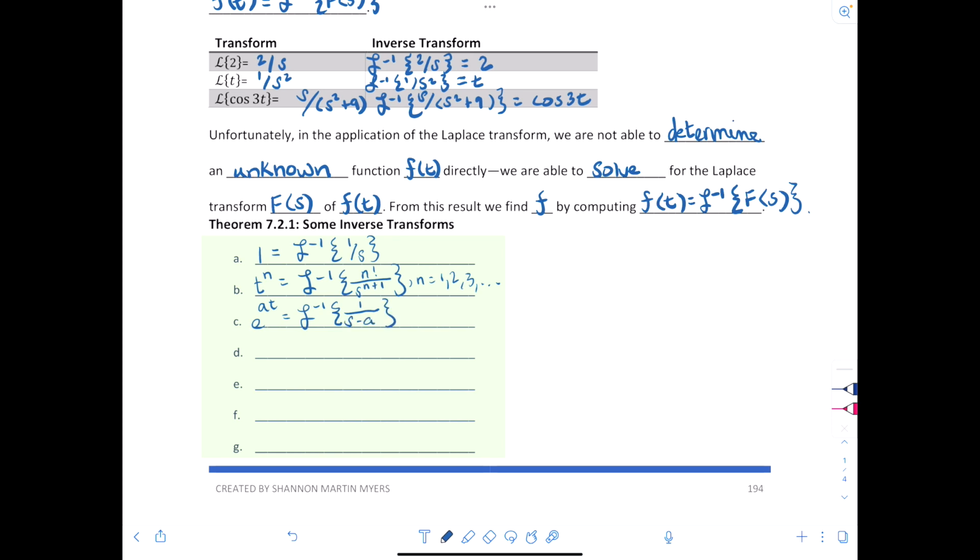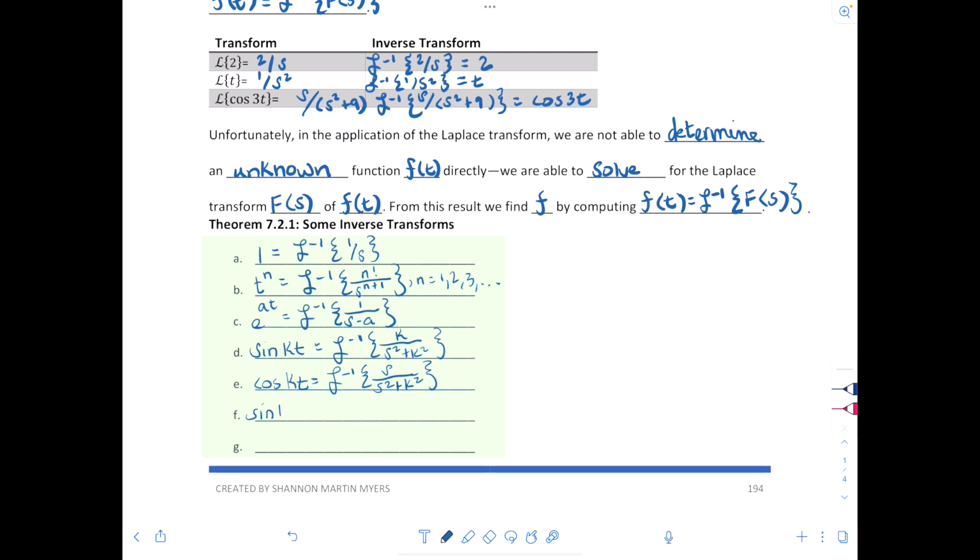Sine at kt would be the inverse Laplace transform of k over s squared plus k squared. Cosine at kt, the inverse Laplace transform of s over s squared plus k squared.